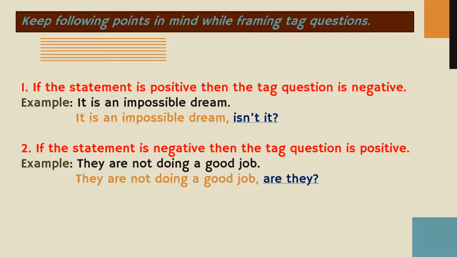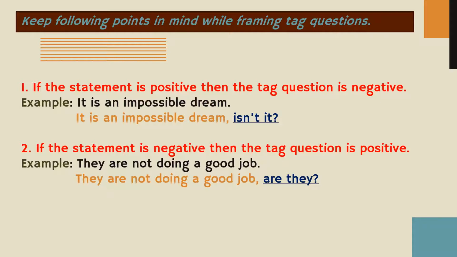A statement containing such words is called a negative statement. So, the first point which is stated here is, if the statement is positive, then the tag question is negative.